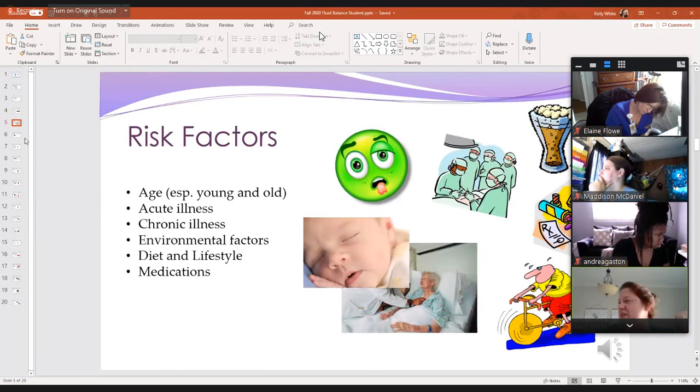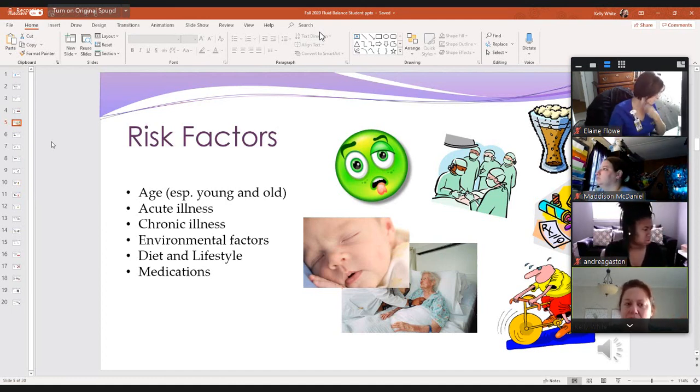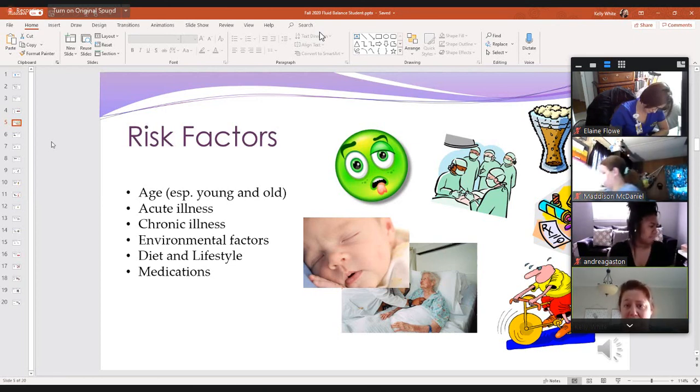So we talked about your risk factors where your infants and young children, their kidneys aren't working quite right yet, they're not mature enough. They also have a greater body surface area. So they're going to be more at risk for becoming dehydrated more quickly than your average adult.